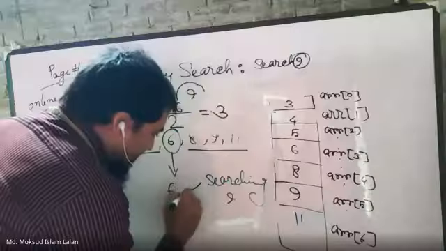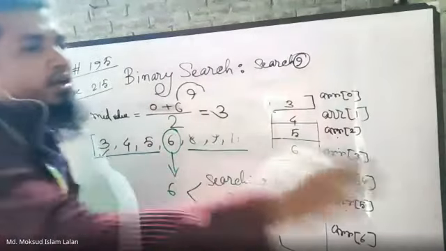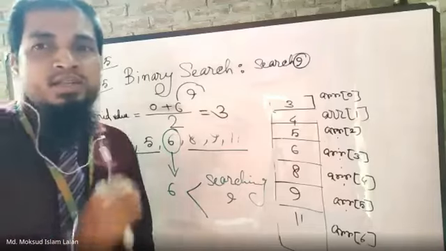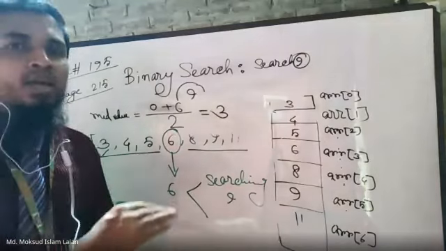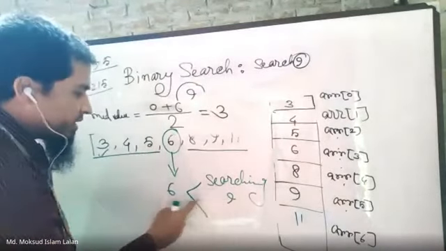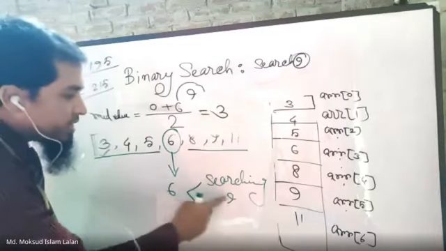Since the searching element is greater than the mid value, or you can say the mid value is less than the searching element, right? Yes, sir, I have one confusion. When our searching element is less than the mid value, it will go right, and when it is greater, it will go left, sir.